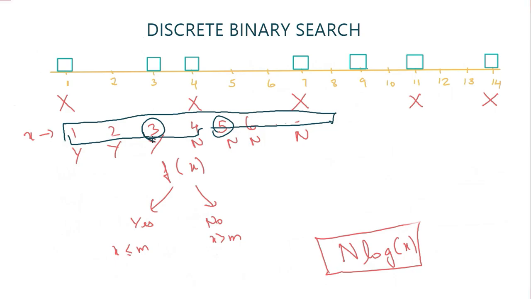And we keep doing this by reducing it by half every time, and when we finally arrive at a single position where it is only yes, then we say that that is the answer and that is the rightmost yes possible. So in this manner you will find a lot of problems where we use discrete binary search, where essentially we are only brute forcing the answer, but we are brute forcing using binary search.